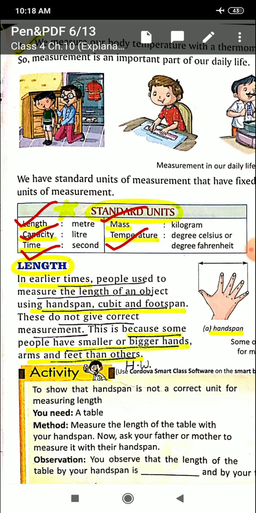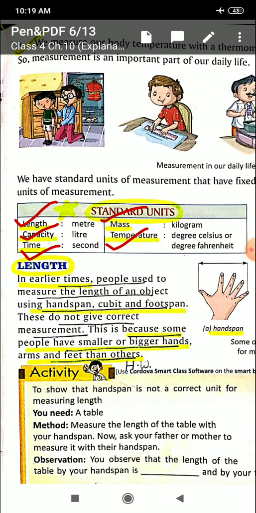So these are the standard units to measure length, capacity, time, mass and temperature. I repeat, meter is the standard unit of length, liter is the standard unit of capacity, second is the standard unit of time, kilogram is the standard unit of mass, and degree Celsius or degree Fahrenheit is the standard unit of temperature.